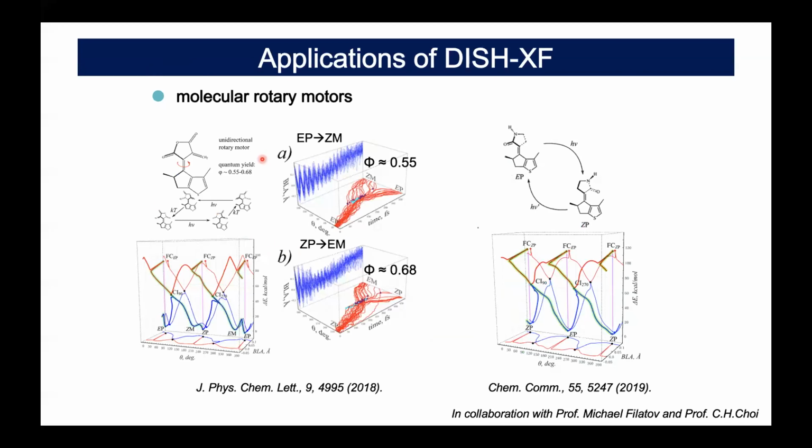We were also interested in designing efficient molecular models, and we tried to calculate the quantum yield with our approach. We have two different molecular models provided here. These results were also in collaboration with Professor Michael Filatov and Professor Cheol Ho Choi. This designed molecular model shows very high quantum yield. But there is no experiment, so we need some collaboration, I guess, right?